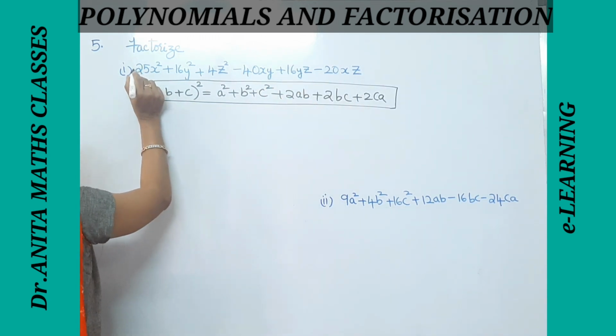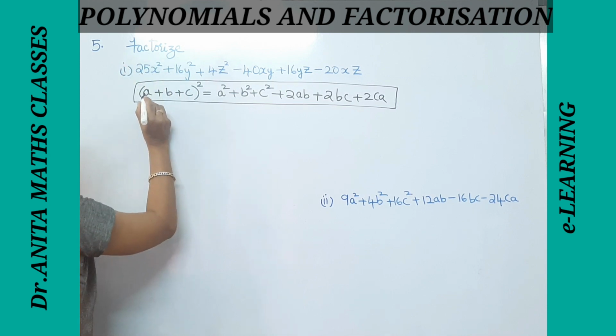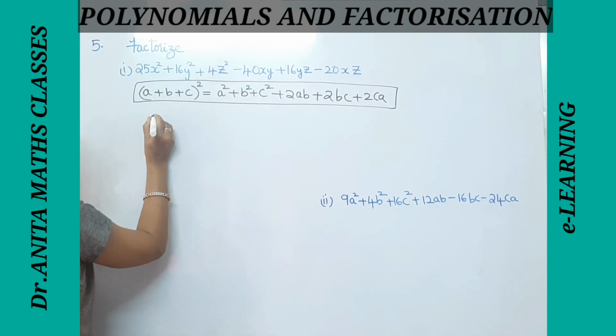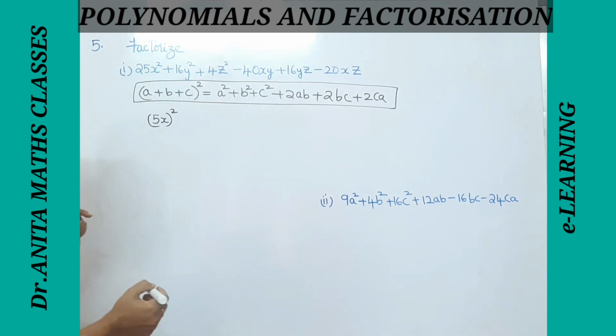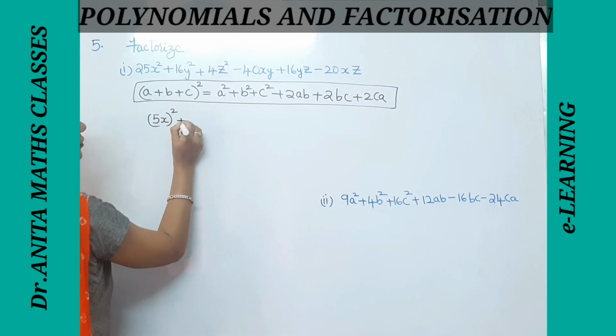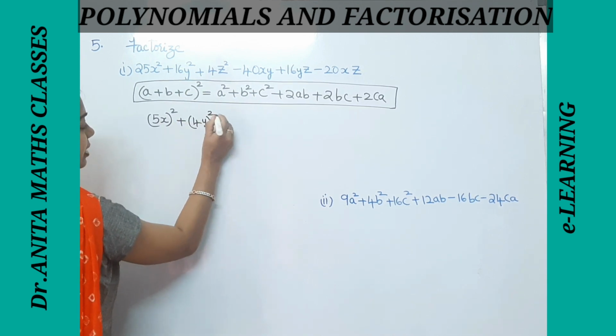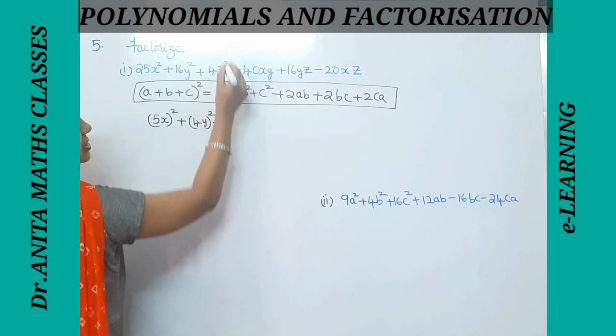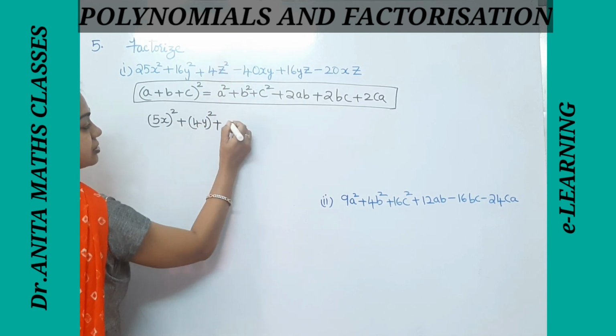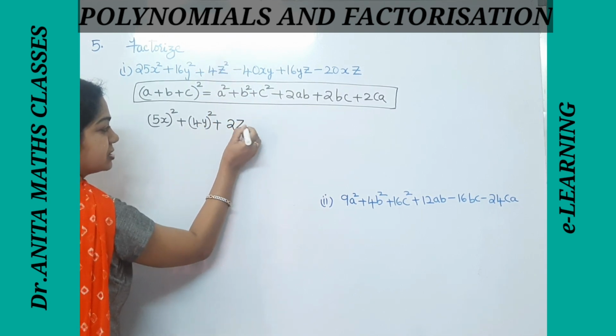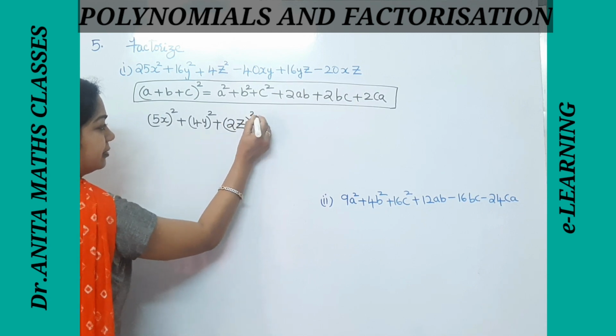Likewise we will take. Now 25x square I can write in the form of a square, like (5x) whole square. Now if I open the bracket, it becomes 25x square. Same thing for 16y square, that is (4y) whole square, and 4z square is nothing but (2z) whole square. Right.